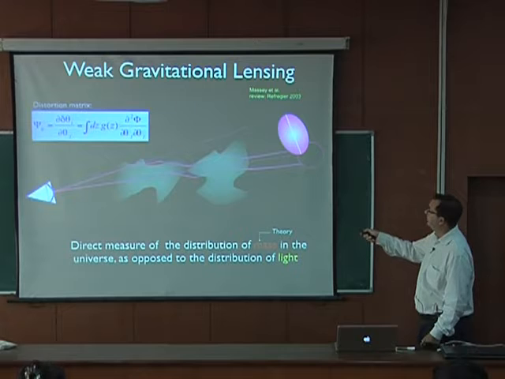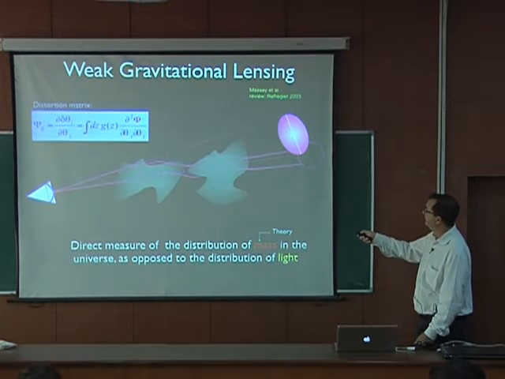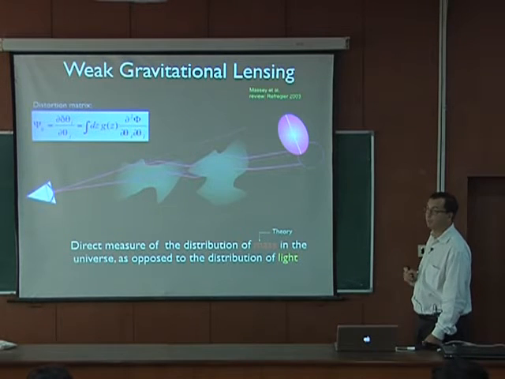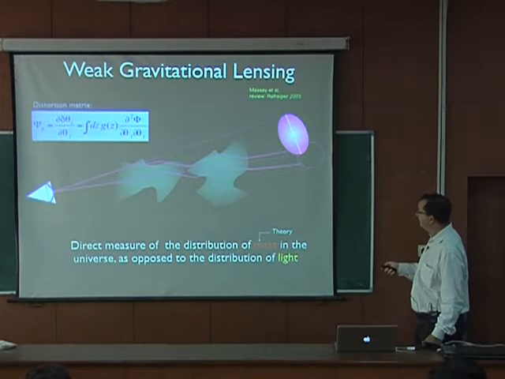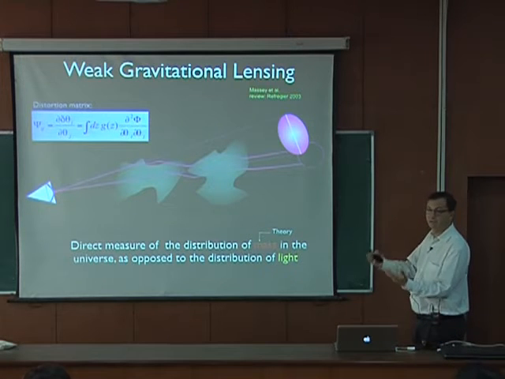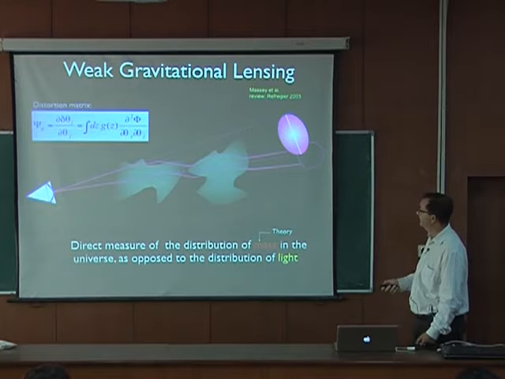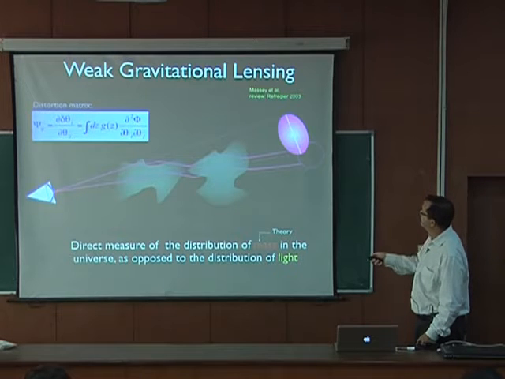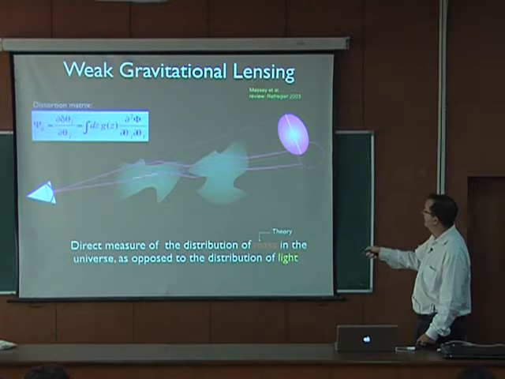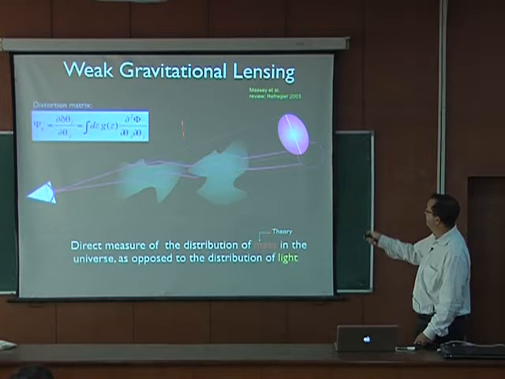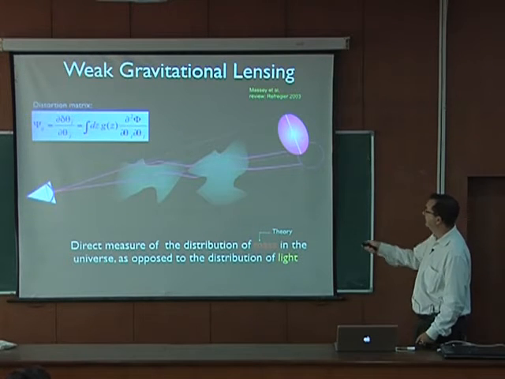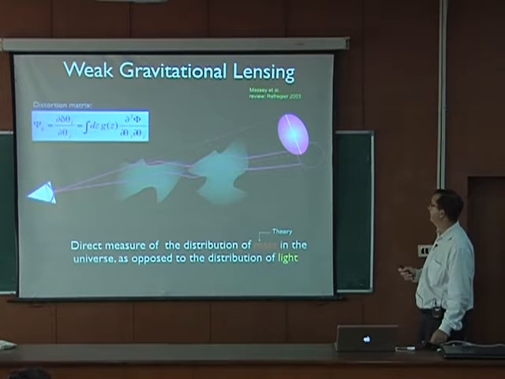And so what we're really probing is the projection of the derivatives of the gravitational potential. So since the gravitational potential is related to the density through the Poisson equation at late times, then by measuring this distortion, we can basically probe directly the projected density perturbation along the line of sight with this weight function. Okay.